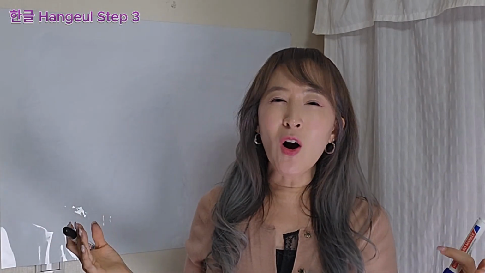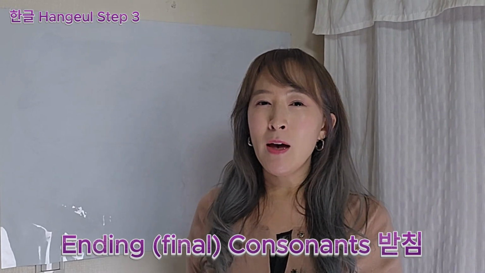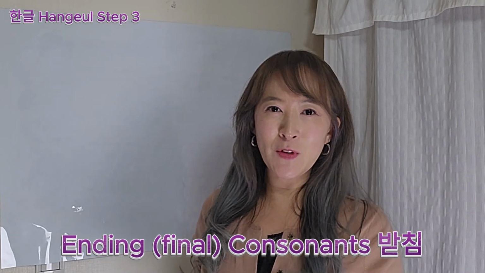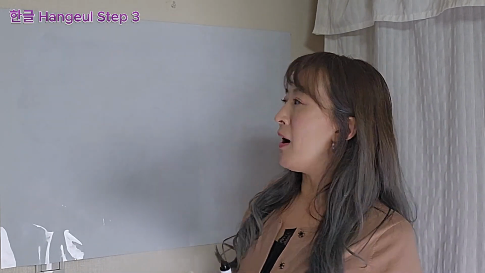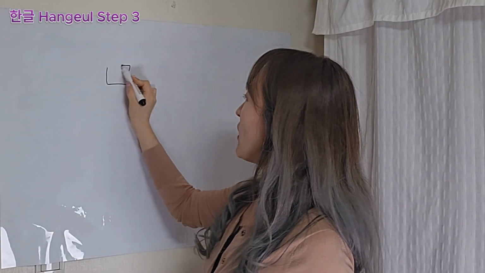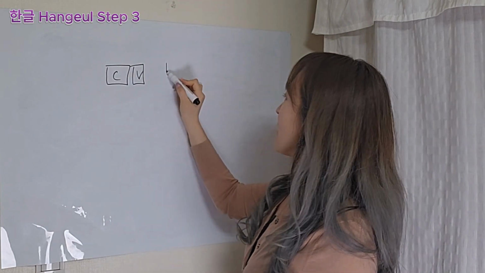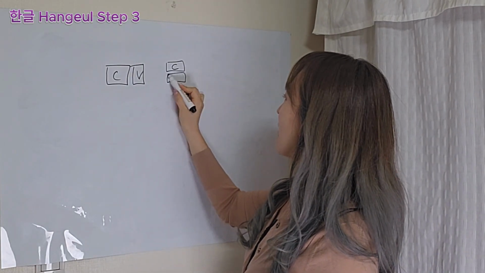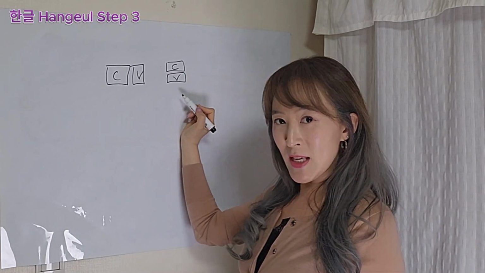Now that we have all the vowels out of the way, let's look at the final consonants called the 받침. If you remember in the first video when I talked about putting syllables in a box, we had two boxes. One was consonant, vowel, right? And the next one was consonant and vowel like this. So this is what we're used to seeing.